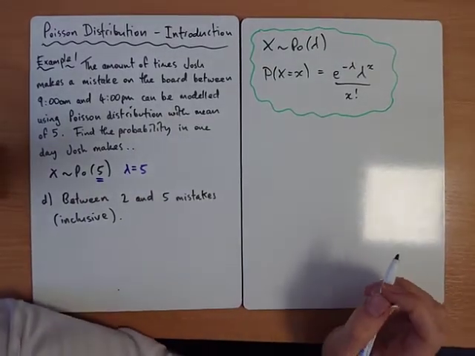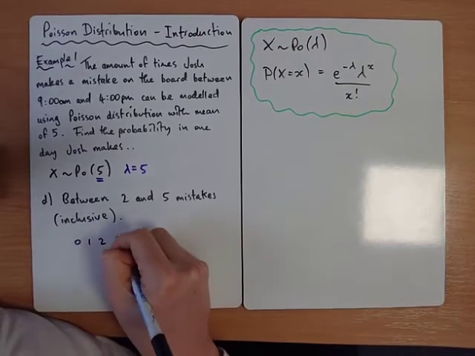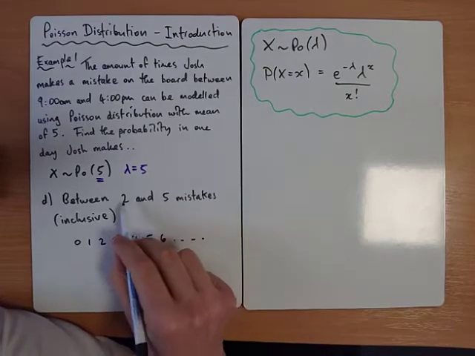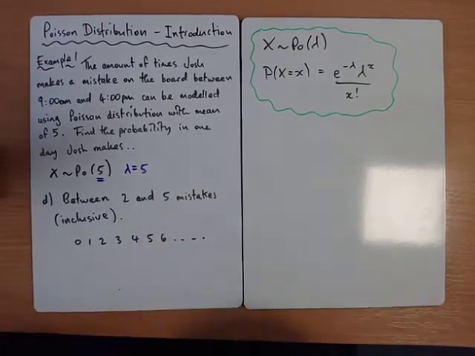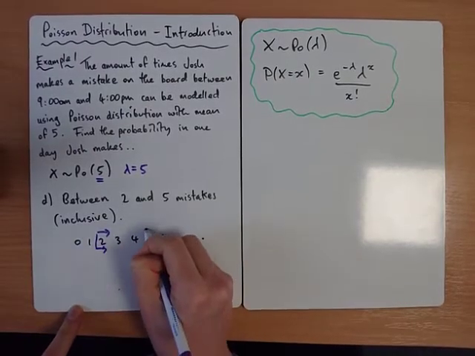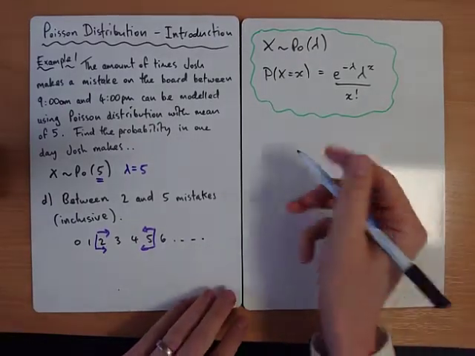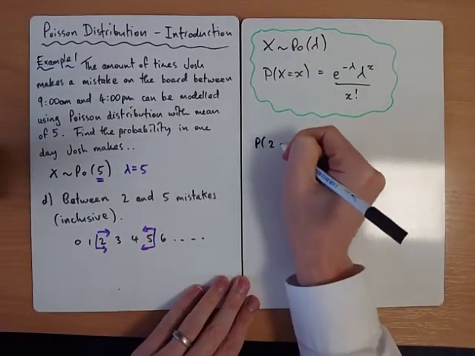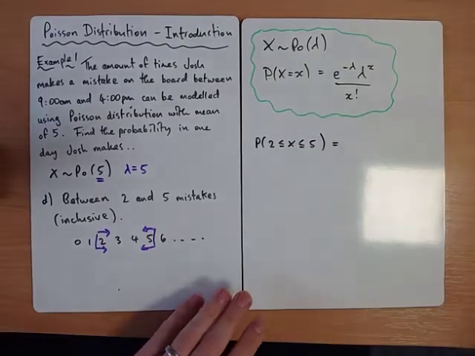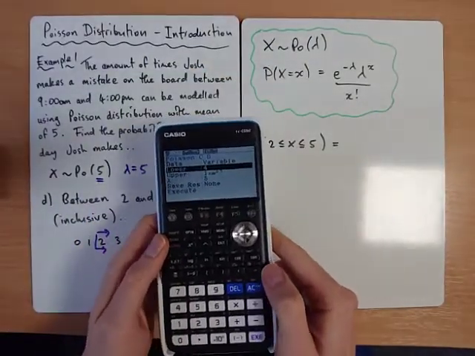Okay, so next one says between 2 and 5 mistakes inclusive. So if you think about this, if I want to include the 2 and the 5, between 2 and 5, we could write that as this. And our fancy calculator, to be perfectly honest, will give us this answer just straight away.